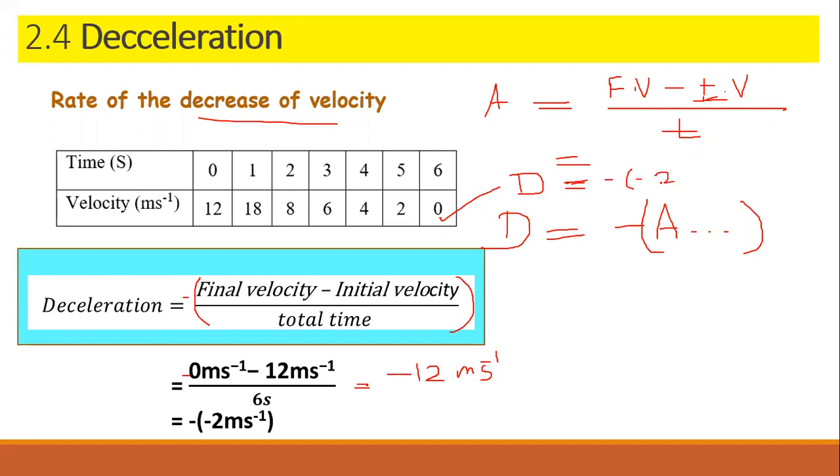It's 2 meters per second, and we will get the answer at the end as 2 meters per square second. It should be square second again, meters per square second.